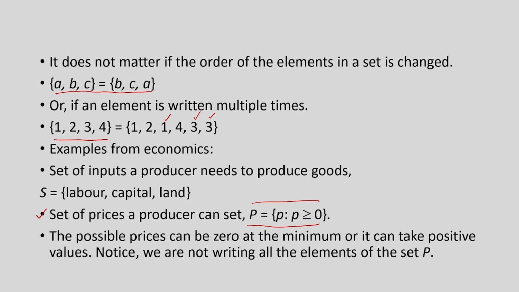I have not written all the members of this set P. I have not enumerated all the members of this particular set P. I have just written that small p, which is an element of capital P, can be positive and the minimum value it can take is 0.